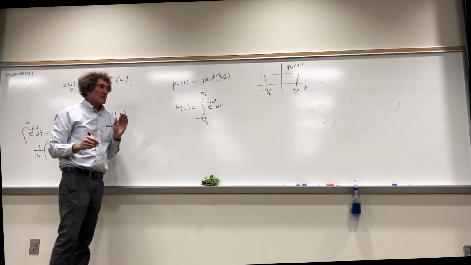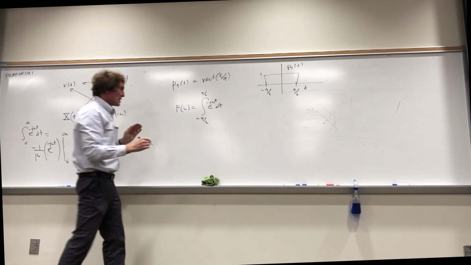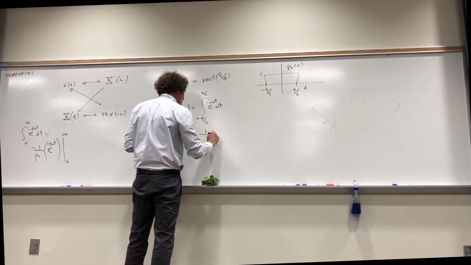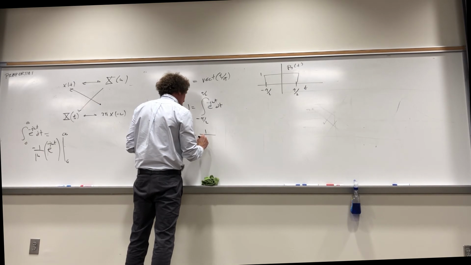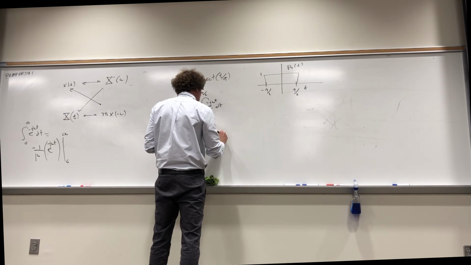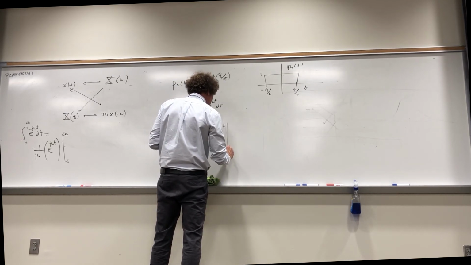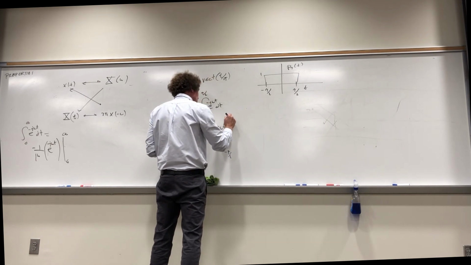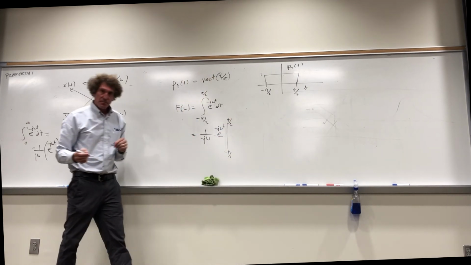Now we go ahead and do the integration on this one. And this integral becomes 1 over minus j omega, and then it's going to be times e to the minus j omega t, evaluated from minus tau over 2 to tau over 2. I've just put in the limits.